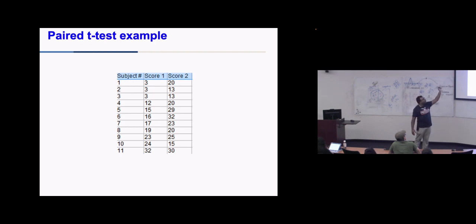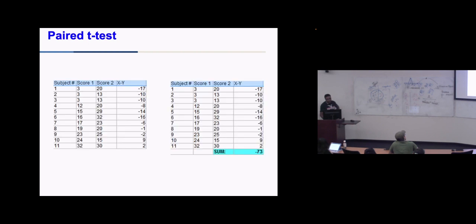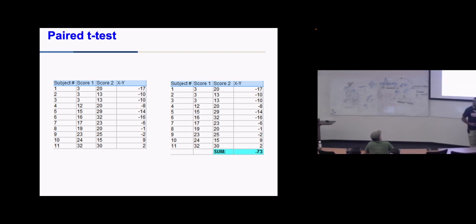And you have two models, and their accuracy numbers are like 3%, 20%, 3%, 13%, 12%, 20%, like that, okay? Now you want to compute a t-statistic on these numbers. What do you do? You first take the difference. You see the two accuracy numbers, you compute the row-wise difference.